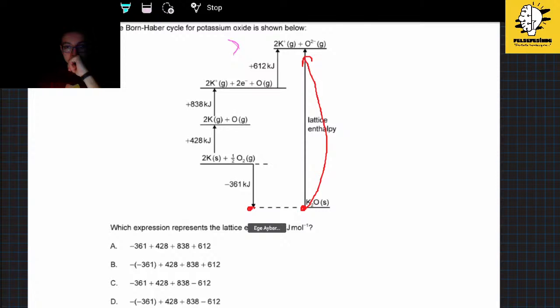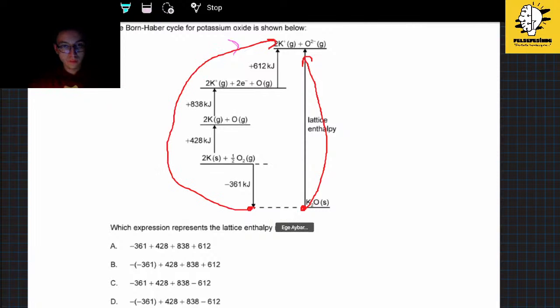So to go from here to here, all arrows must face the same direction as the lattice enthalpy diagram, because we want to go to the same level. So it is minus, but we need to have a plus 361 in order to go up. So we make it minus 361 so that it is positive.